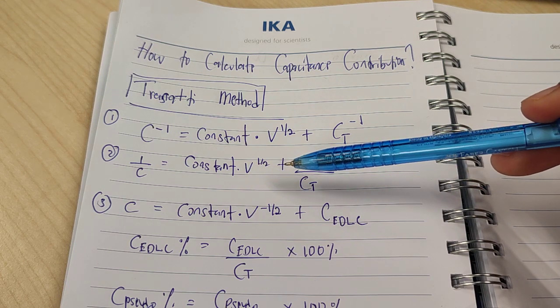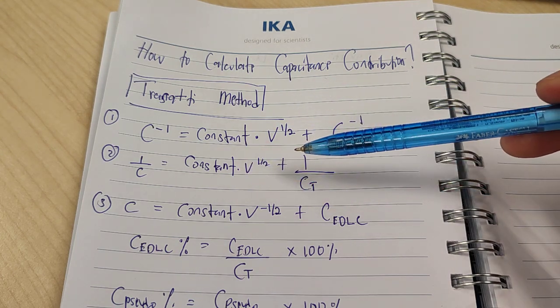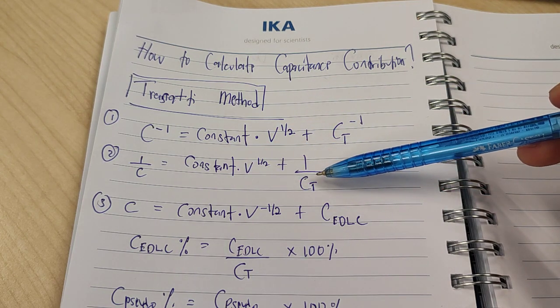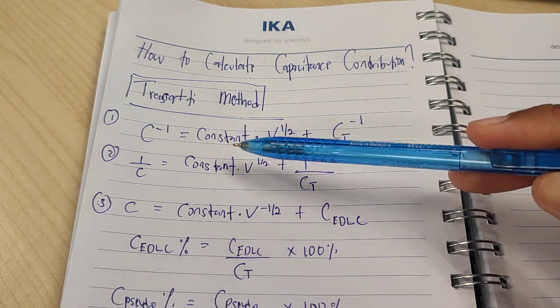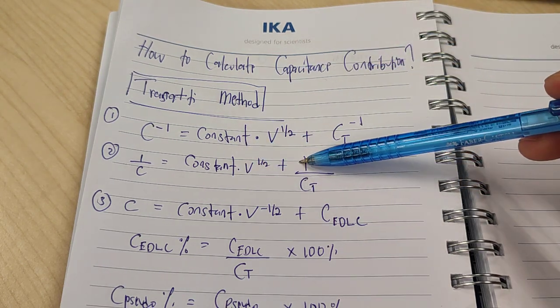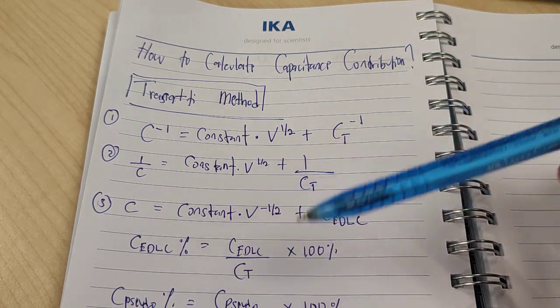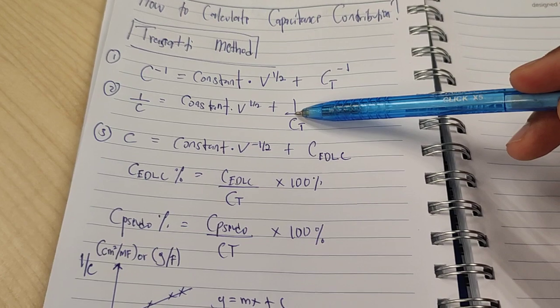Then the software will calculate for you the value of the gradient and also the C value. It's automatic, no need to do anything. If I have time later, in another video, I will show you how Origin calculates all of that. So this is the basic formula, and then you can get a very good straight line graph. Focus only until this one.